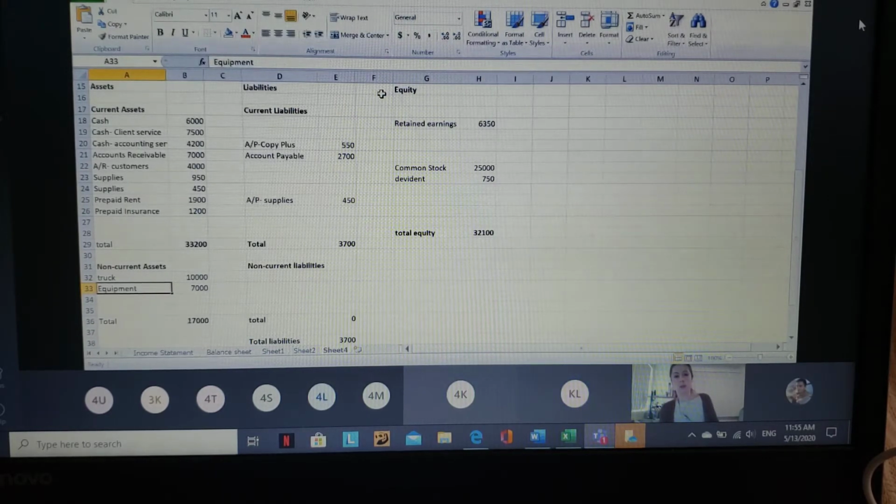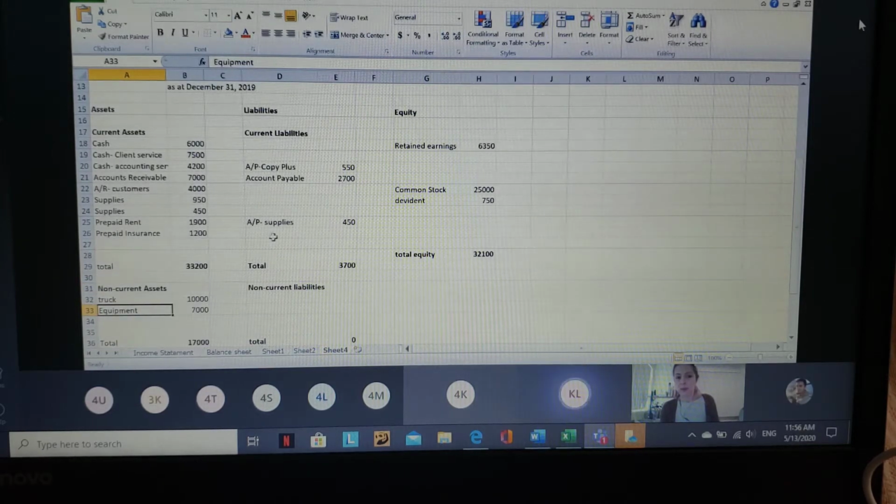But hold on. This one I would say goes under your liability still. Why? Because it says that the supplies were paid on account, which means you still need to pay for them. Yeah, so a supply here for 150 is still here. Yeah, but you're doing it as a double entry here. I don't think that it needs to go underneath your assets.